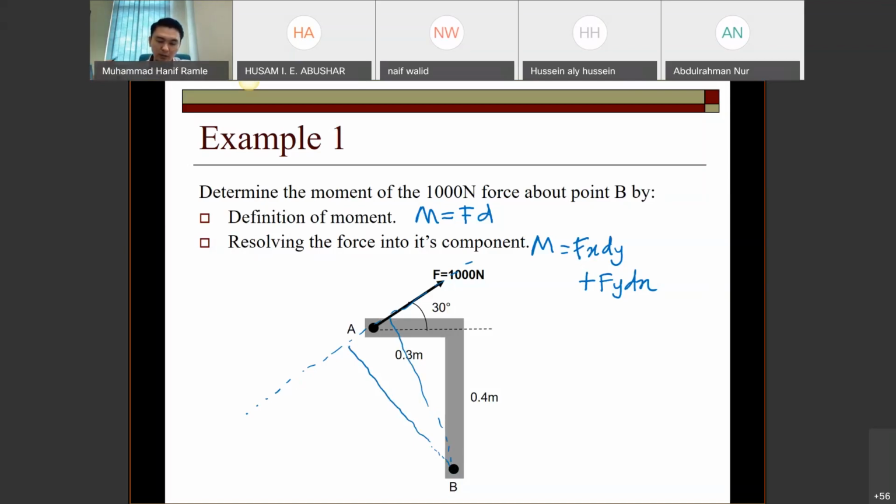In this example, we assume that D is this line, perpendicular. We cannot give the correct answer at the moment because you have to do some calculation, measurement, and so on. But in this case, we are assuming. So D is this one. And if you want to find D, you have to introduce a triangle like this.